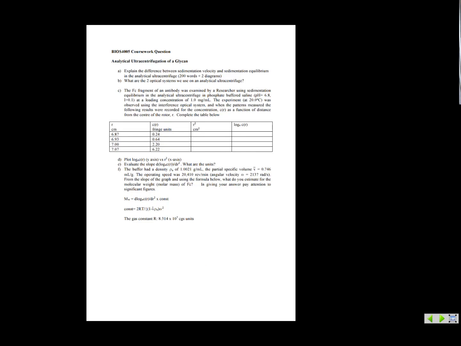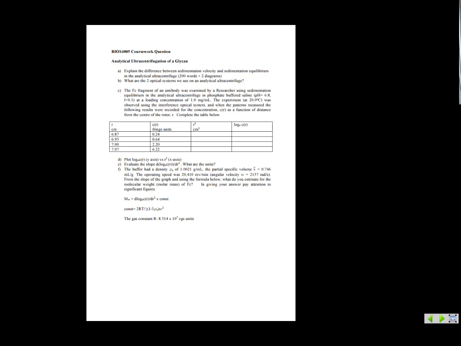Okay, right. There is a question based on all this, and this is your coursework question, and it's called Analytical Centrifugation of a Glycan. The first part A is explaining the difference between sedimentation velocity and sedimentation equilibrium.